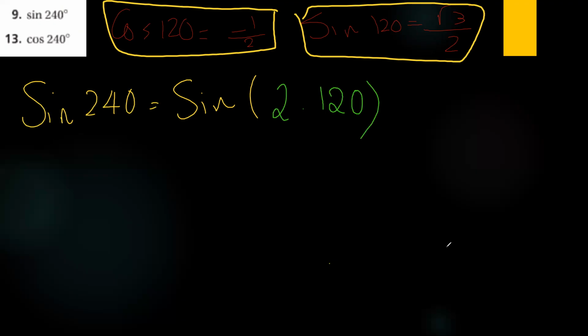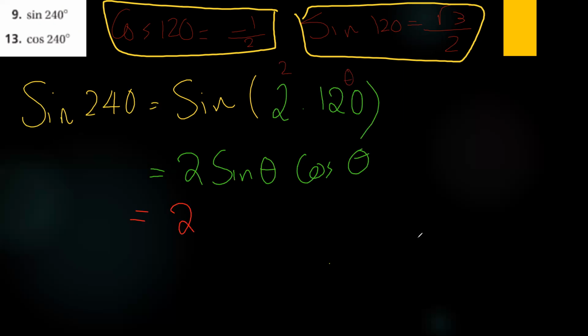Yeah. So sine 2 theta is 2 sine theta cosine theta. This is my theta here, and this is 2. Now sine of 120 is square root of 3 over 2, and its cosine is negative half.